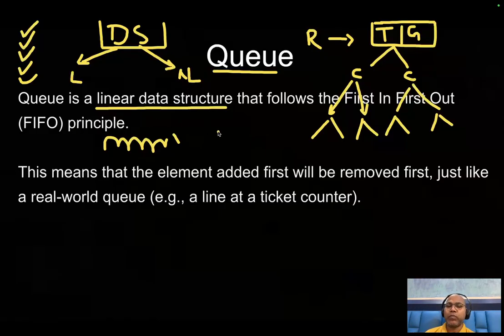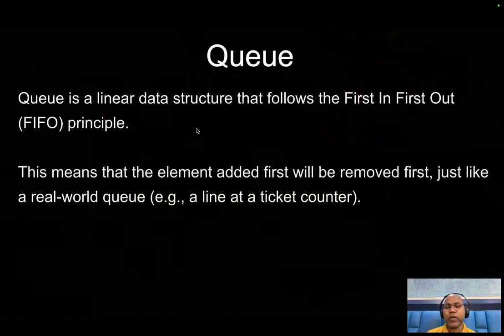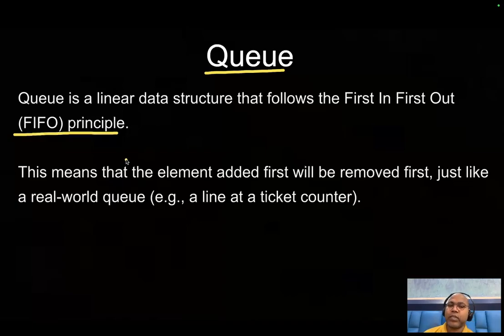And what we studied till now, array, list, linked list, stack, queue, these are linear data structures. These linear data structures, like queue, follow the principle of first in, first out. In the last data structure, stacks, we learned a last in, first out data structure, LIFO. Now this is the FIFO principle, first in, first out.